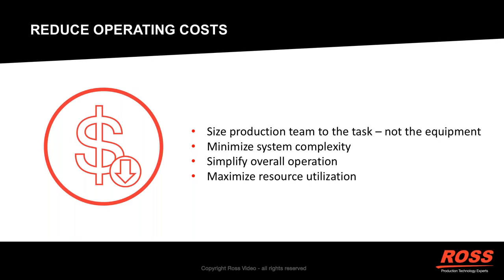And sometimes the task or the program you're producing doesn't require a whole gallery full of people. So the idea is to be able to find a way to minimize the team required so that it's scaled to meet the production task. To do that, we have to obviously minimize the system complexity and simplify overall operations.